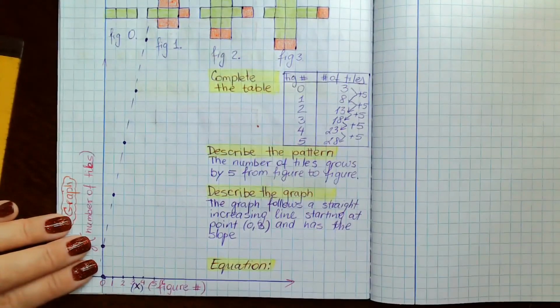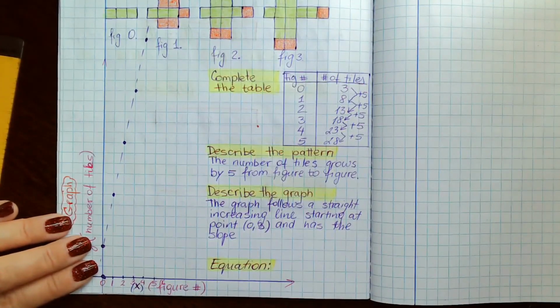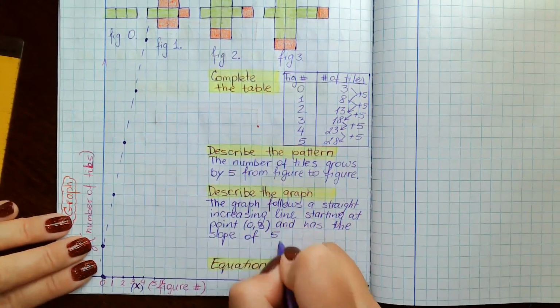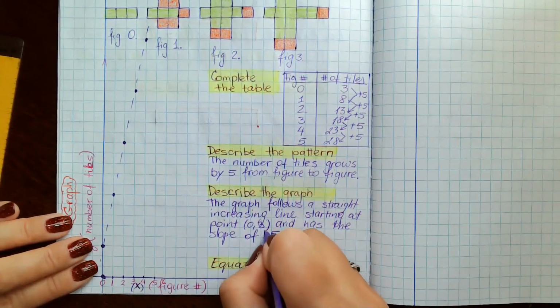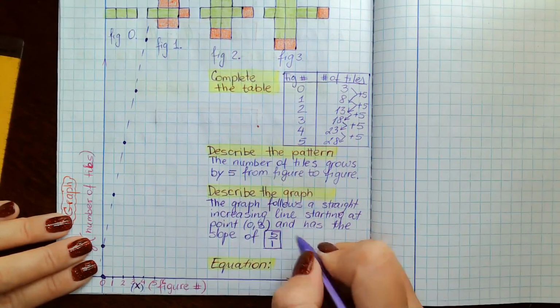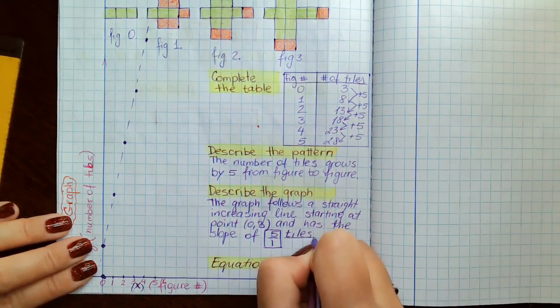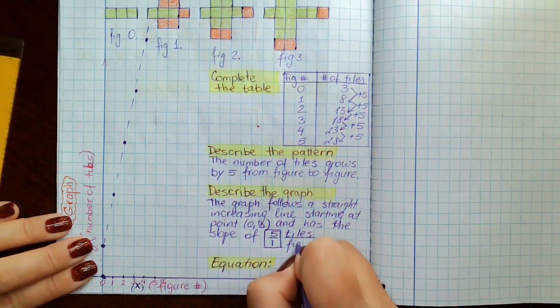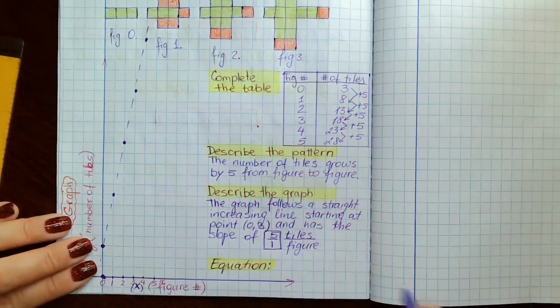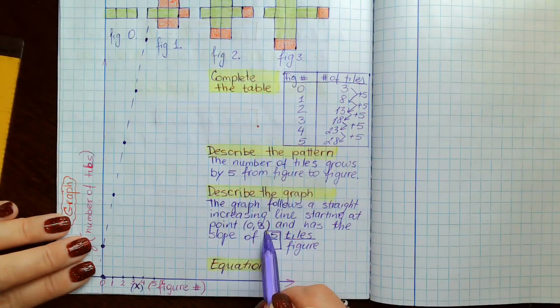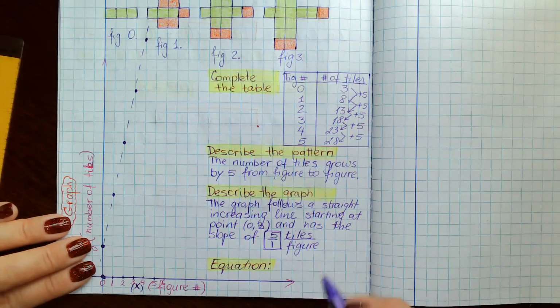So slope is the ratio 5 over 1, which represents the number of tiles per figure. So the graph follows a straight increasing line starting at 0, 3 and has the slope of 5 over 1. In other words, 5 tiles per 1 figure.